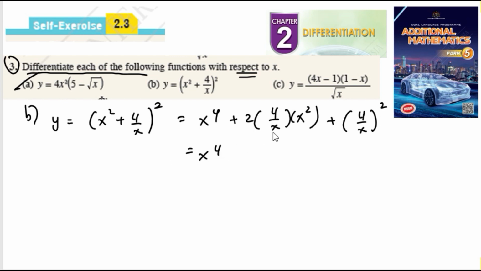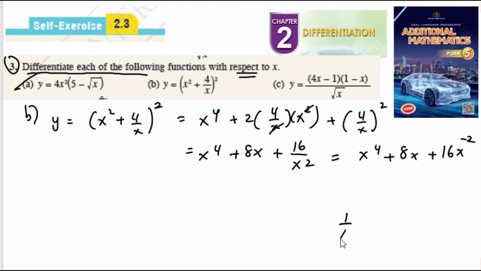So x4, this one you will get x squared divided by x is x, right? So plus 8x, this one would be 16 over x squared. We don't want the power to be below, so we bring it up. We get x4 plus 8x plus 16x to the power of negative 2. So you see here, 1 over x squared is equal to x to the power of negative 2.